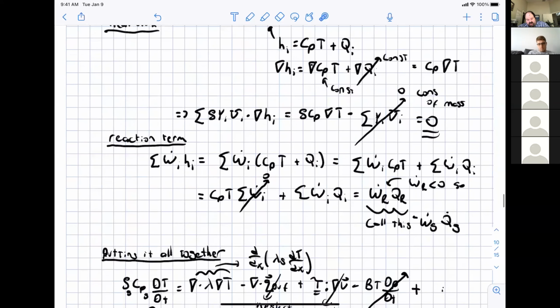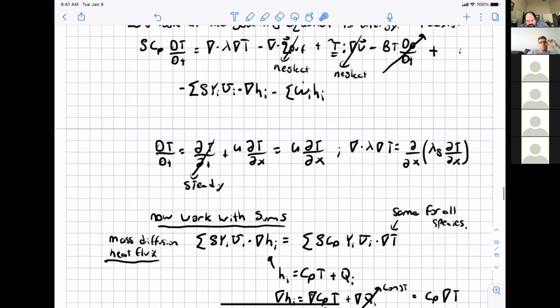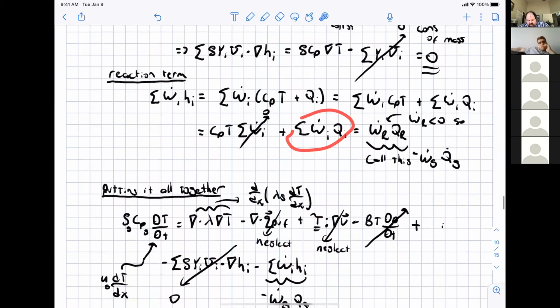And so this nasty sum basically just turns into the mass rate of production for the reactants, which are the pyrolysis species, times their enthalpy of formation, or a net heat of reaction, if you will. Because those reactants are being consumed, this is a negative number.